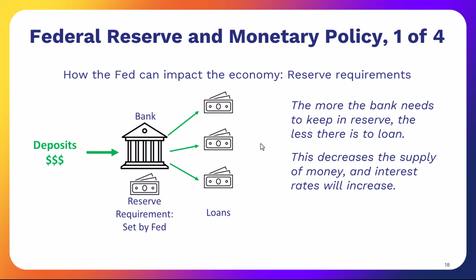This is so important that every day, every bank counts its money. There has to be this reserve in the bank. If not, they will have to go and borrow it from another bank. So the more the bank needs to keep in reserve, the less there is out for it to loan. That means there's less money for you and I to go out and buy things.